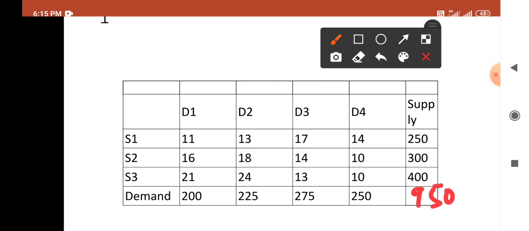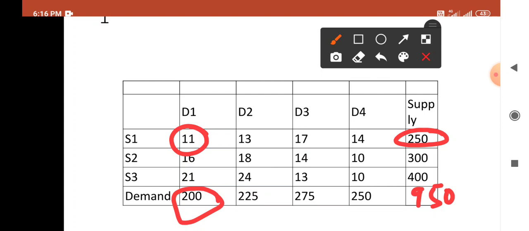Now we'll select the northwest corner cell, that is 11, and we'll compare the demand corresponding to that particular cell, 200, and the supply corresponding to that cell, 250. We compare these two amounts and select the minimum.